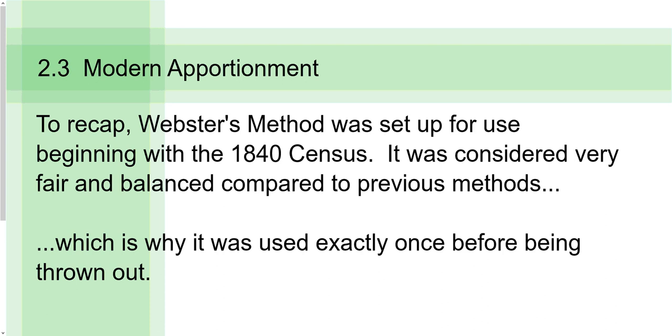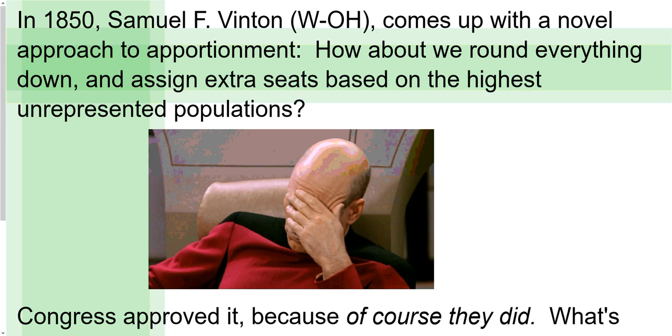In 1840, Webster's method is put into place by Senator Daniel Webster. It's used once, and Congress likes it. So all is well and good, right? Well, in 1850, another representative, Samuel F. Vinton, he's a Whig from Ohio, he comes up with a novel approach as they're getting ready to apportion.